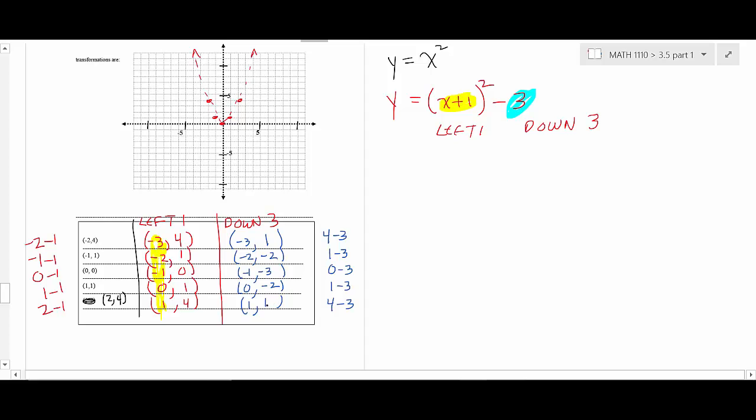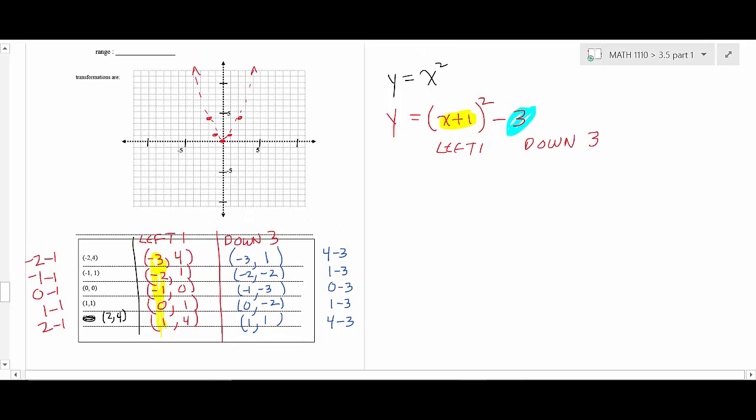By doing that, you should have a new set of points that, if you plot them, should show these transformations. So what you want to do next is plot that set of points and see what it looks like. It looks like we got -3, 1. We have -2, -2. -1, -3. 0, -2, and then 1, 1.